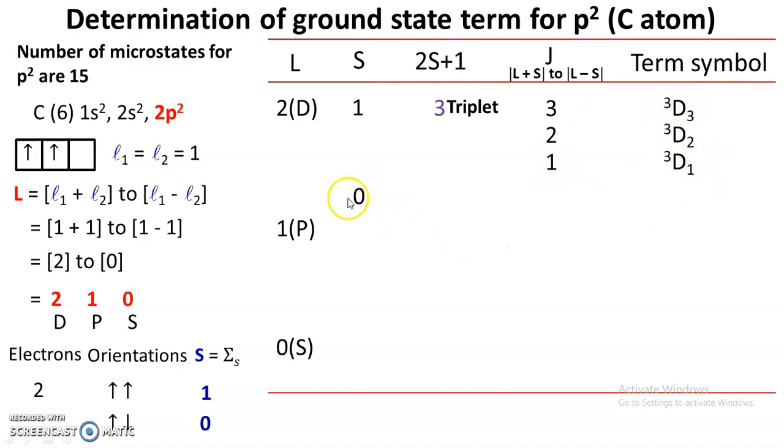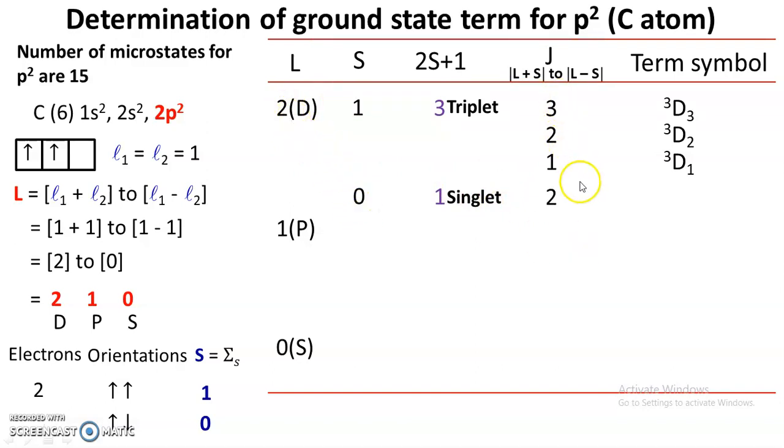Now consider the coupling of S equal to 0 with L equal to 2. First of all, when the value of S is 0, the multiplicity will be 1, so there will be a singlet. Now the possible J values when L is equal to 2 and S is equal to 0: L plus S is 2 plus 0, which is equal to 2, and L minus S is 2 minus 0, which is equal to 2.